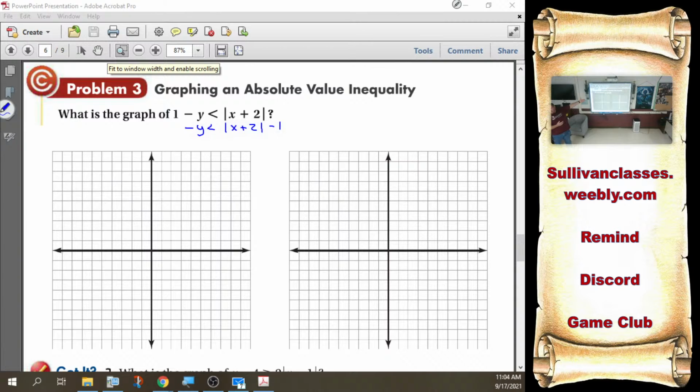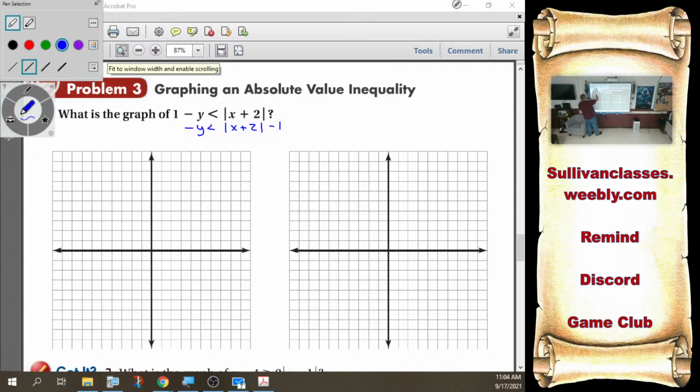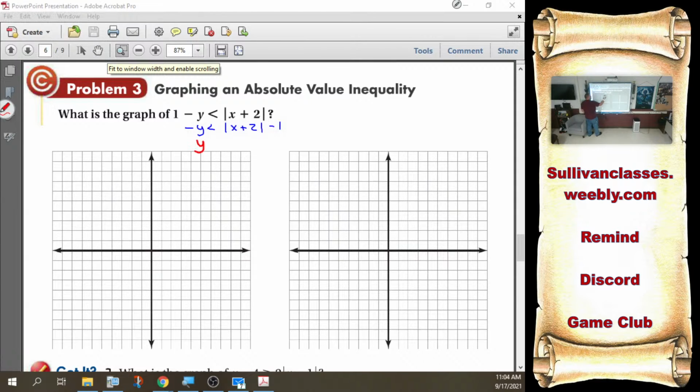It still don't look right. Not yet. What do I still have to do? And when I divide by a negative, flip the inequality around. Okay, be careful. You divide this by a negative, flips. Divide this by a negative, most kids will get correct.